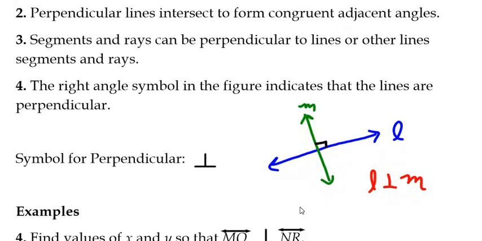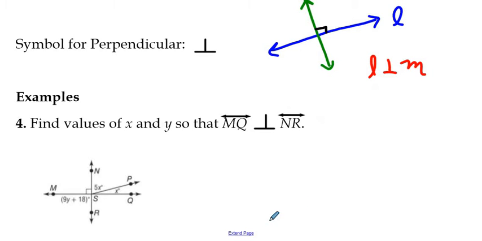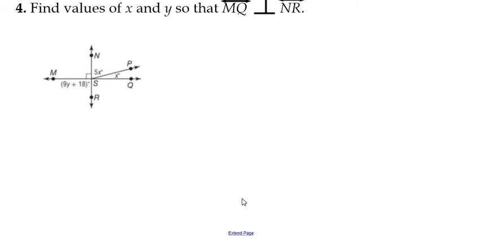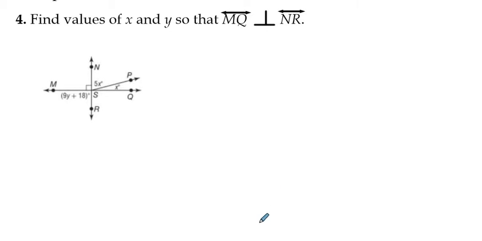Okay? So one example here, find the values of x and y so that line MQ is perpendicular to line NR. Let's start with x first.